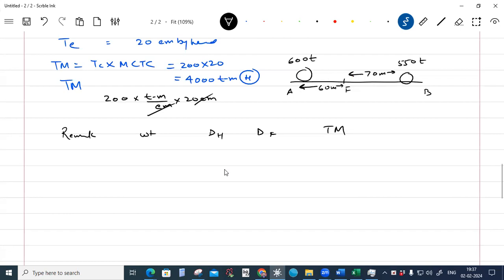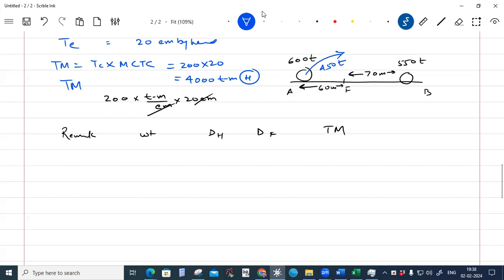During the passage, 450 ton of oil is consumed from aft. Where was it consumed from? From here. How much did you consume? 450 ton. So how much trimming moment will this create? Sir, 450 into 60.